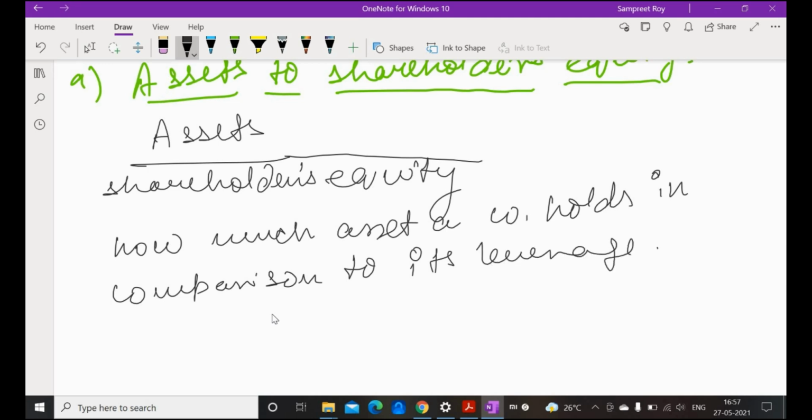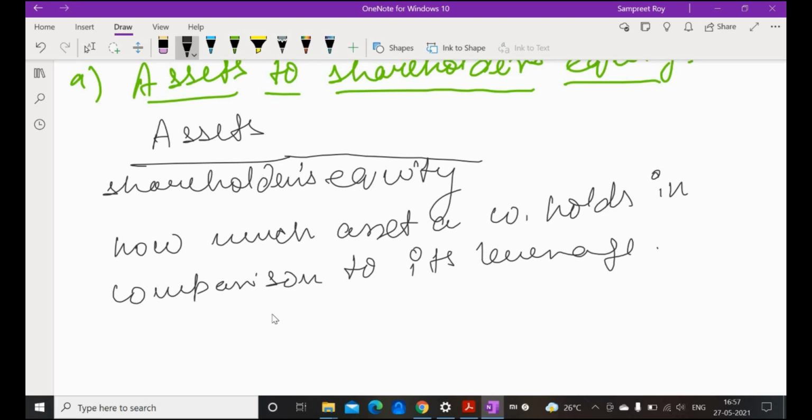So they can invest more in the leverage. The company can borrow more funds. In simple terms, the company can borrow more funds if it has an adequate assets to shareholders equity ratio.